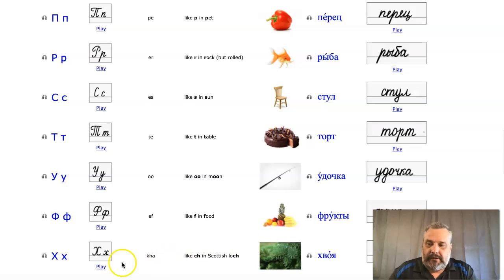Okay. Now this little letter is X, but it's not X in our language. It is H. All right. Now it says here CH like in a Scottish loch. That's not quite the case. You say lock, you don't say loch. Well, maybe the Scottish do, but in America we say lock. What I would say is it's more like KHA.